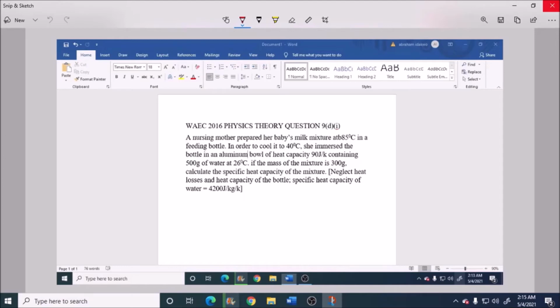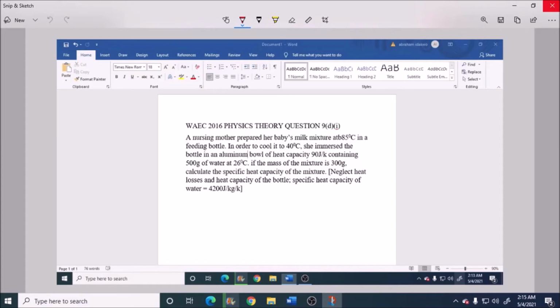Alright, so let's begin by saying that heat lost by mixture is equal to heat gained by water plus heat gained by aluminium.